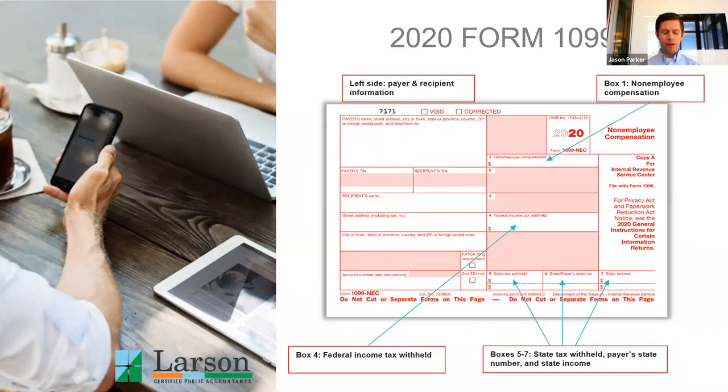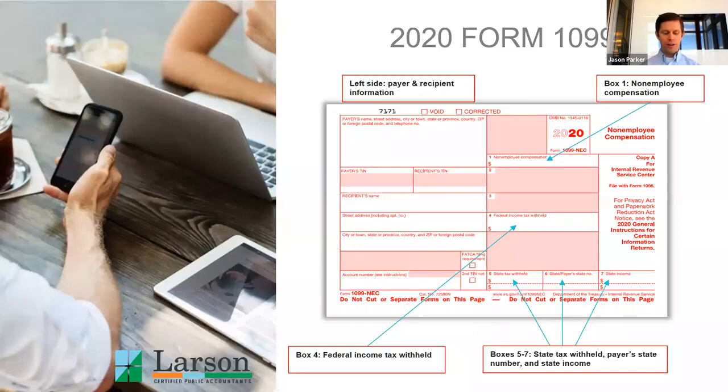And Box 7 was non-employee compensation. So if you filed a batch of Forms 1099 MISC with some with amounts in Box 7 and some without, then if you filed it after January 31st, the IRS could potentially erroneously assess penalties on the whole batch instead of just those that were late.